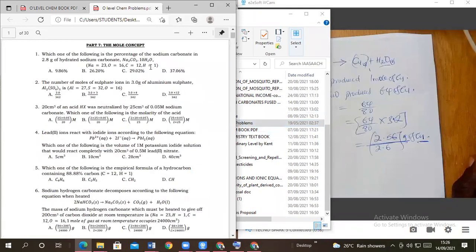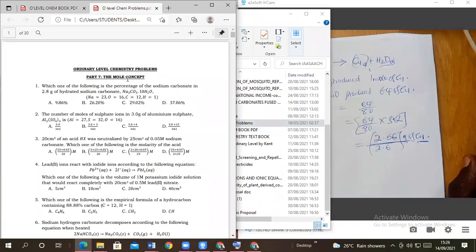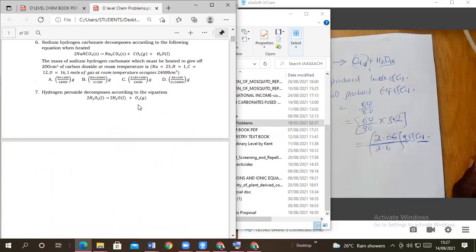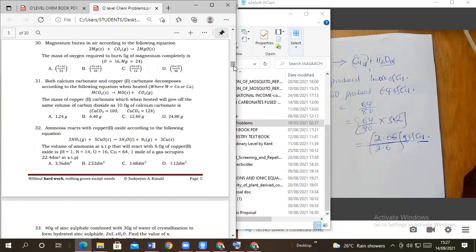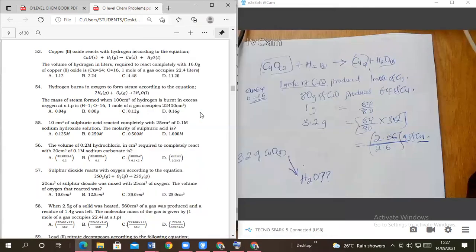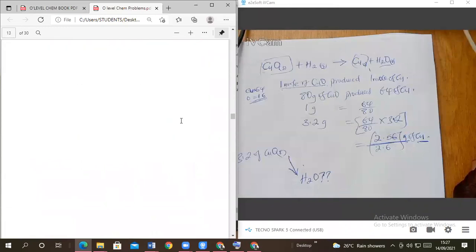Do you see something on your screen close to that? Yes. So these are about, if you're not mistaken, 200 and something mole concept questions, only for you to calculate.